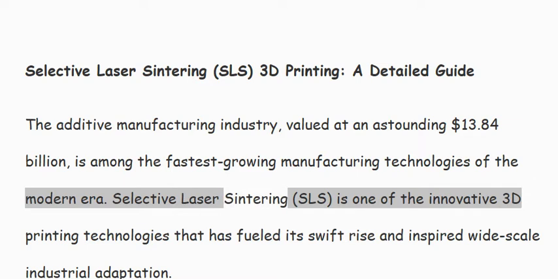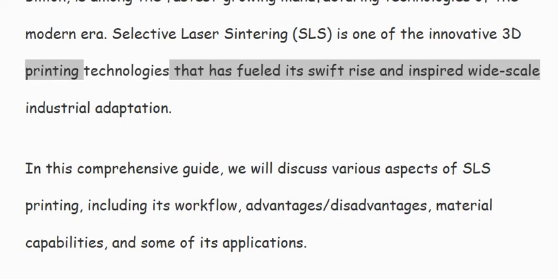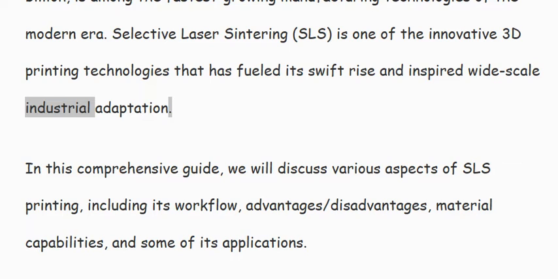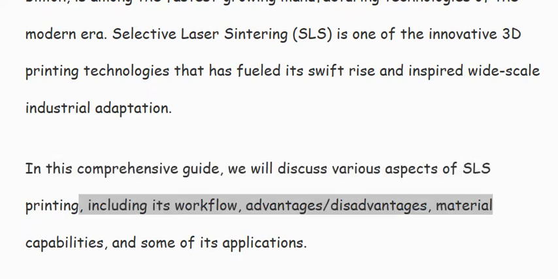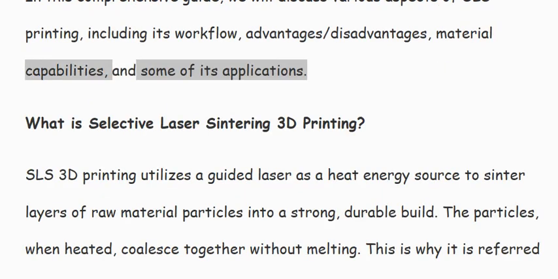Selective Laser Sintering (SLS) is one of the innovative 3D printing technologies that has fueled its swift rise and inspired wide-scale industrial adaptation. In this comprehensive guide, we will discuss various aspects of SLS printing, including its workflow, advantages, disadvantages, material capabilities, and some of its applications.